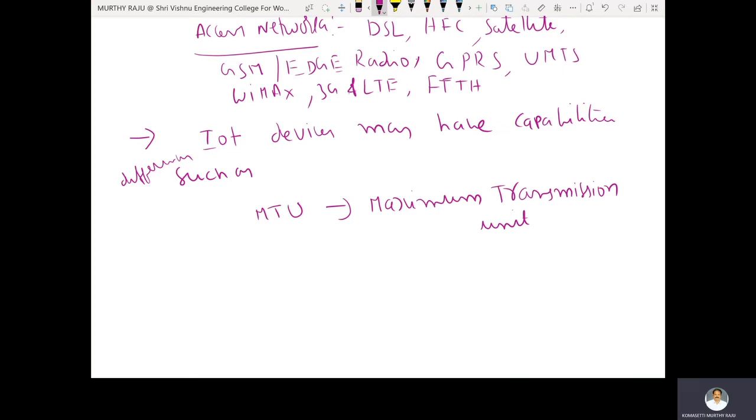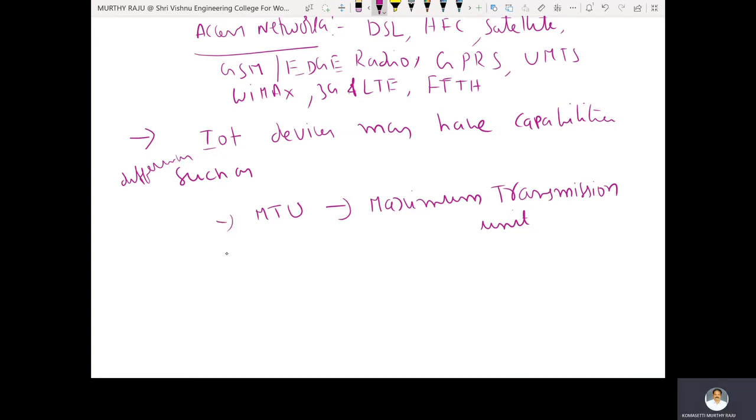Some intelligent devices are incorporated with extraordinary features, and some are not. MTU is the maximum transmission unit, the data in the form of bytes. Some devices produce more data, some less; that is related to MTU.